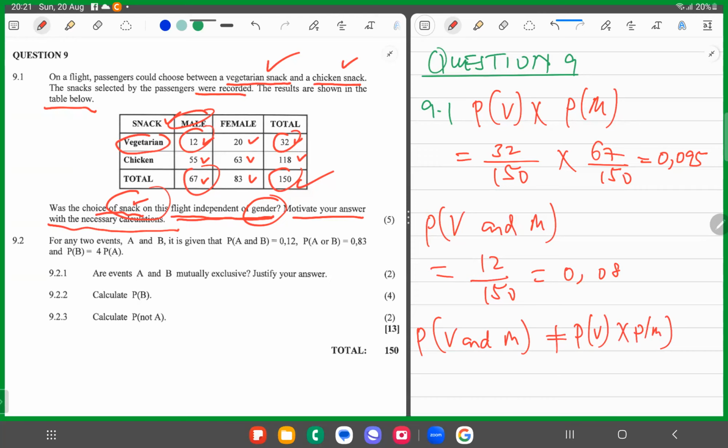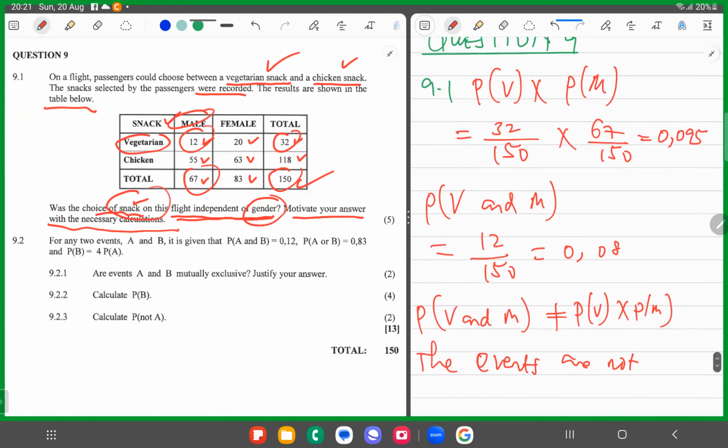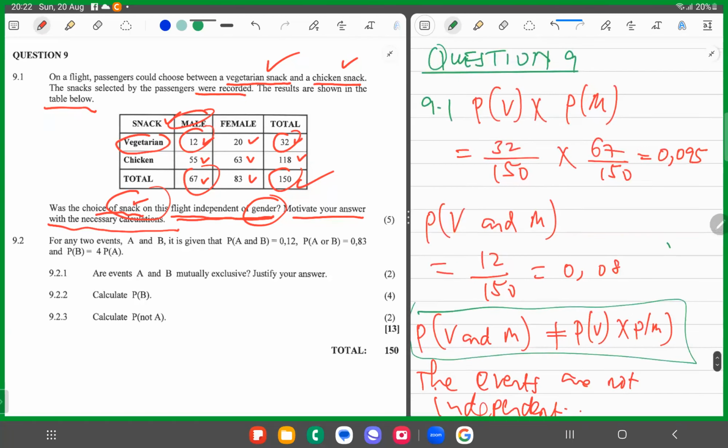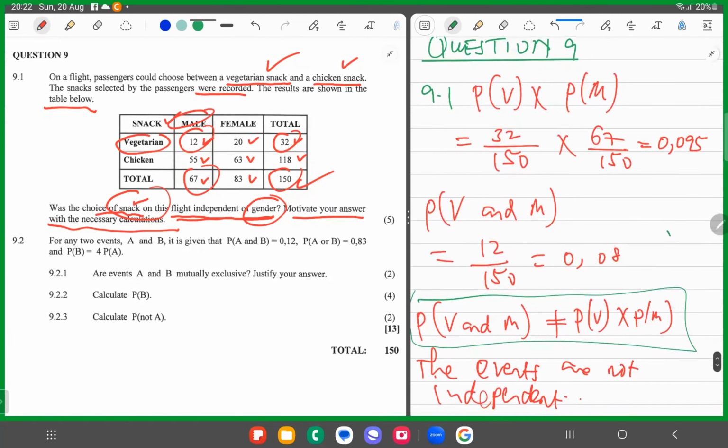The events are not independent. That is the conclusion. Just note that independent events would mean the probability here holds true, and these are equal to each other.